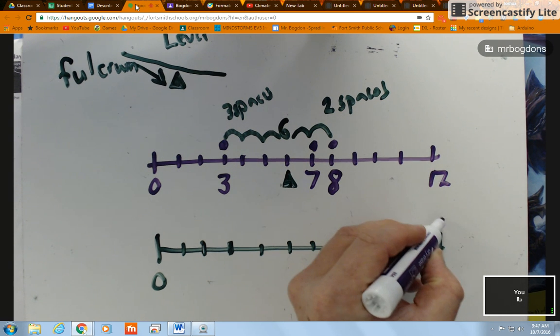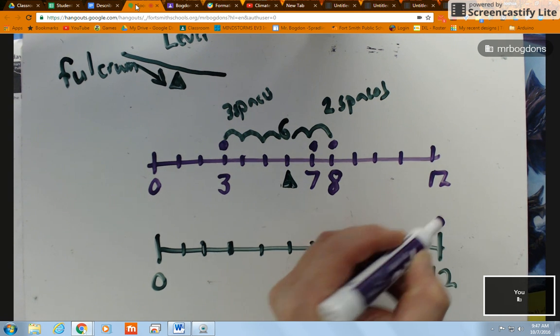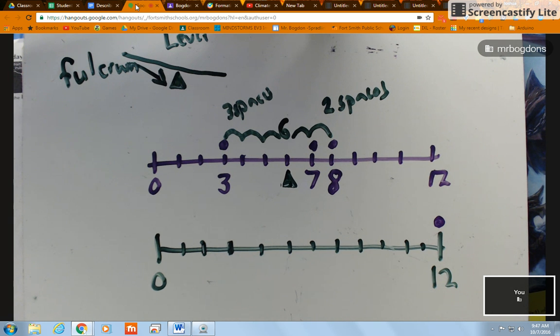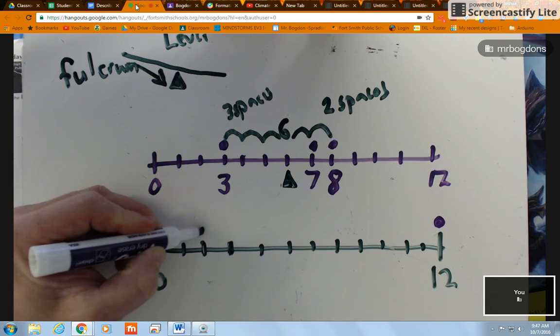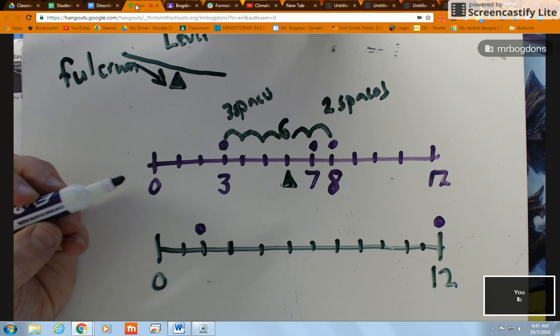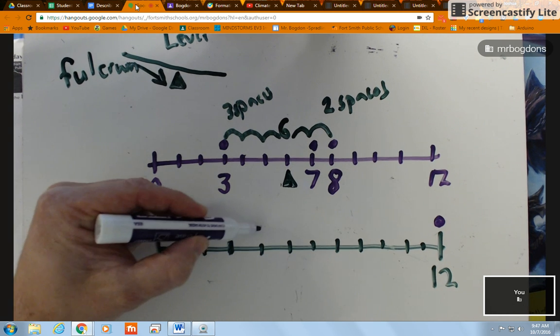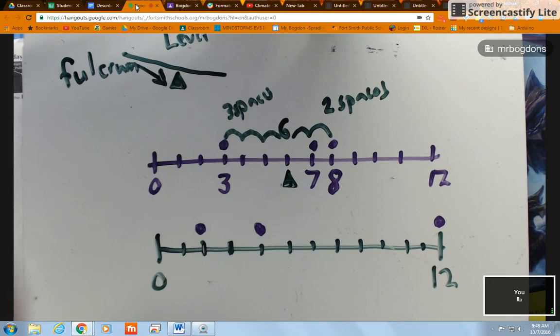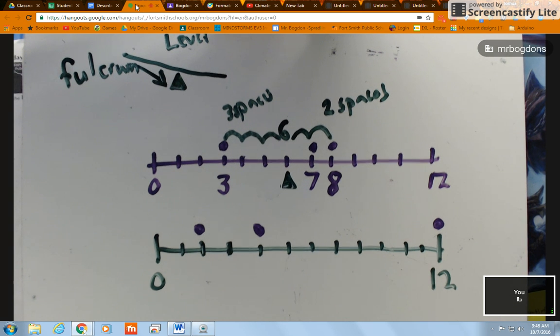So let me suppose that I have a 12, a 2, and a 4. Where's my fulcrum going to be? Where's my balance point? On your paper, I want you to draw a symbol wherever you think it will be to balance.